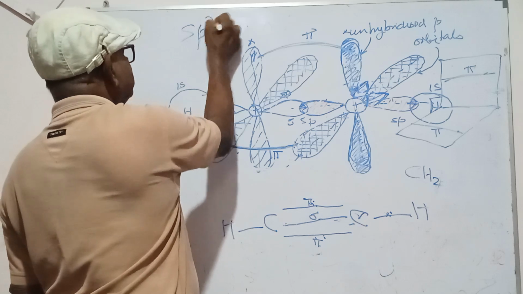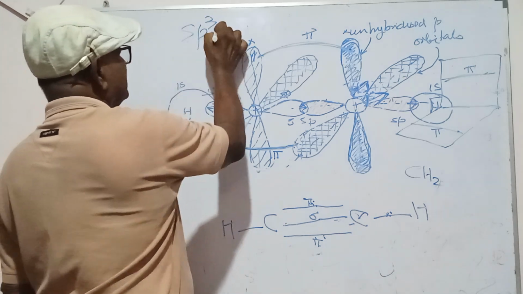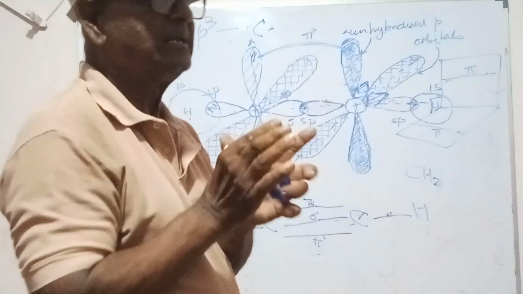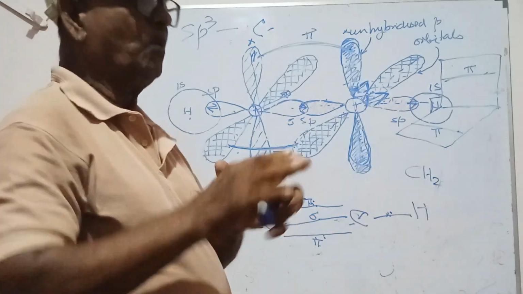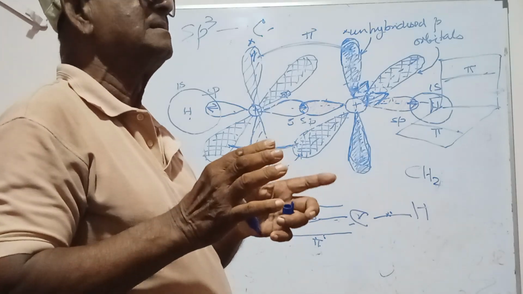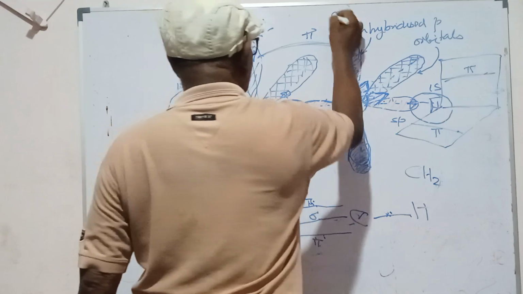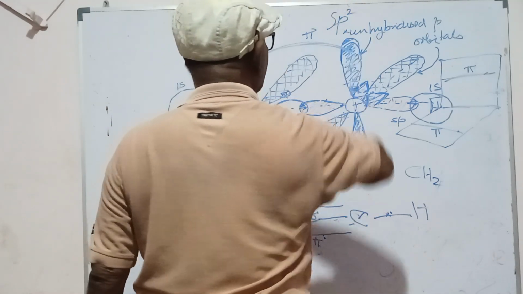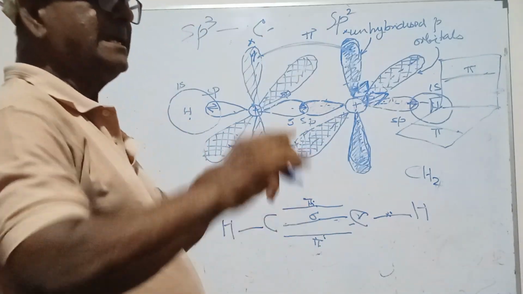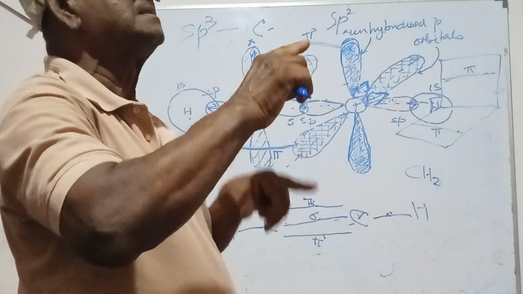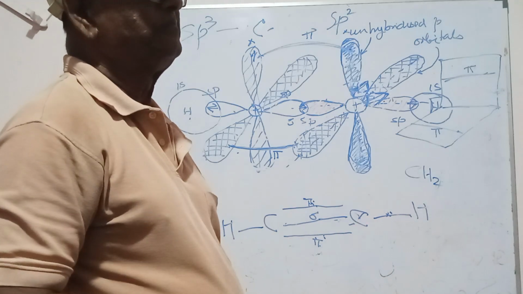Now it is clear that in sp3 hybridization, the carbon atom has a tetrahedral arrangement. All are sigma covalent bonds. In sp2, only 3 sigma covalent bonds with 1 pi bond.